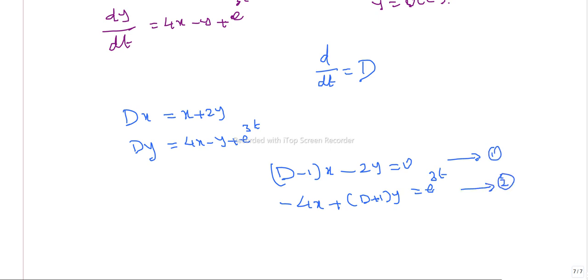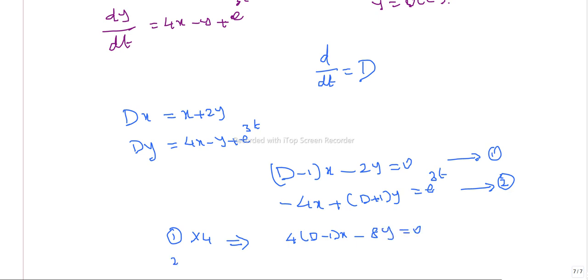We have to cancel or eliminate one variable and then solve for the other variable. So the better thing is maybe to multiply the second equation by (D minus 1) and the first equation by 4. So I try to eliminate x. If we multiply the first equation by 4, we have 4 times (D minus 1) times x minus 4 into 2 is 8y equal to 0.